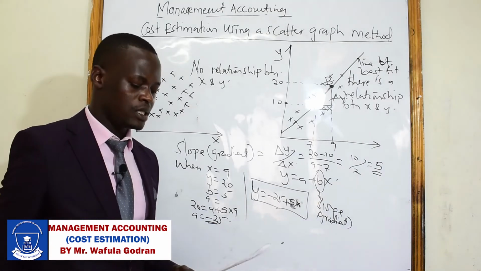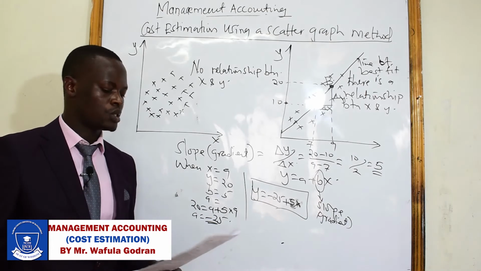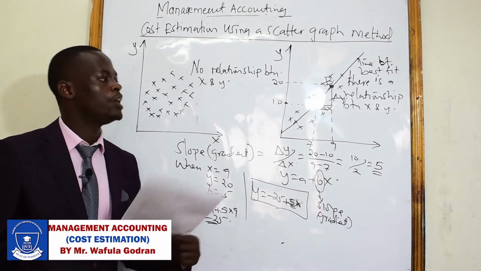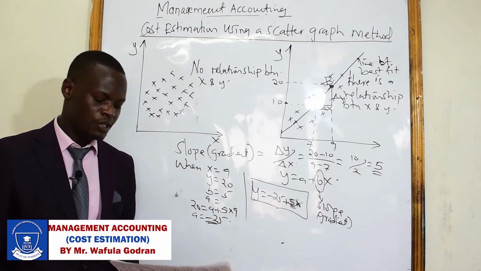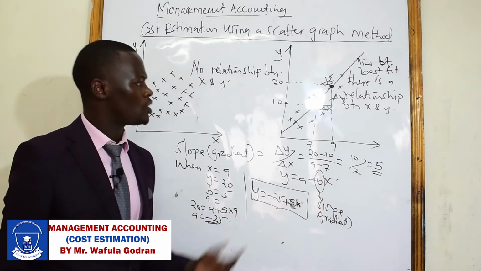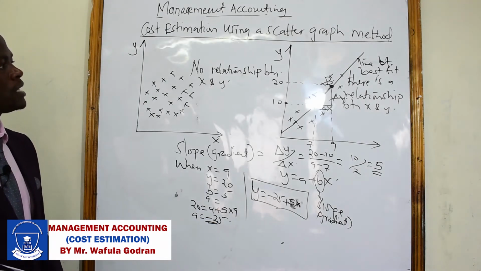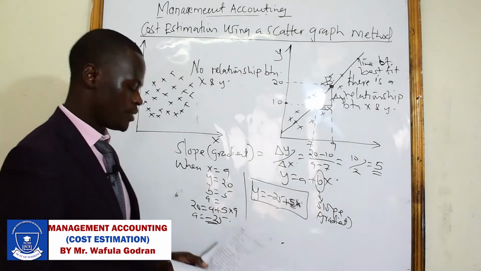Another one is that it is subjective to some extent in what you are likely to come up with. So that is how we use a scatter graph to estimate cost.